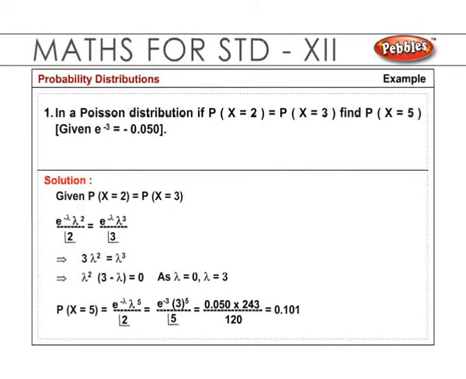On simplifying, we get 3 lambda squared is equal to 2 lambda to the power of 3. Solving, we get lambda is equal to 0 or lambda is equal to 3. Using the Poisson distribution formula, P of x is equal to 5 is equal to 0.101.